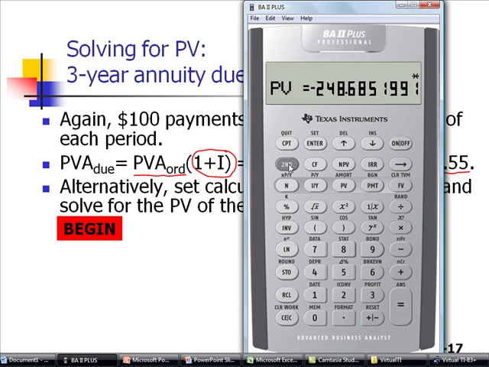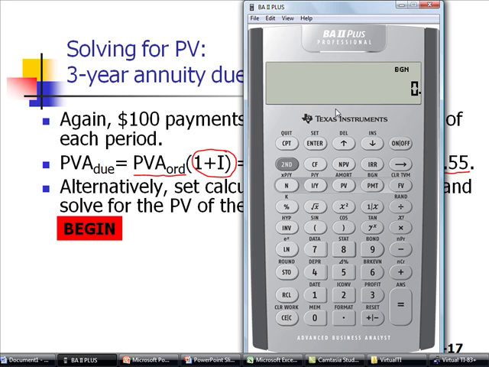So you can do so by pressing second and then begin. Right now, the assumption by default is that the payments happen at the end of each period, like an ordinary annuity. But you can switch that. You can do so by pressing second set, and then get back out by pressing second quit.